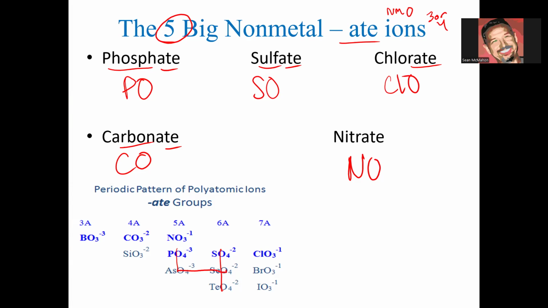Because if it's on the 4, guess how many oxygens it has? 4. If it's not on that 4, guess how many it has? 3. So when I look, phosphate, is phosphorus on this 4? It is. So it means it has 4. Sulfur, is it on the 4?